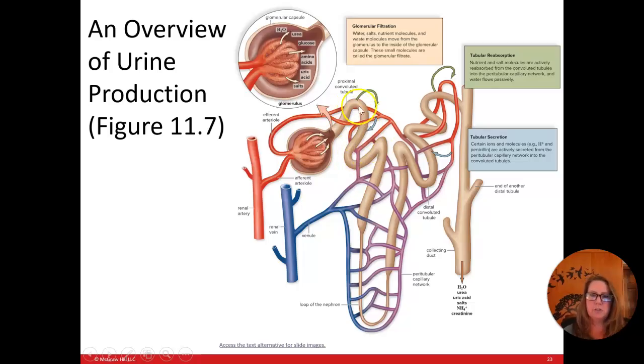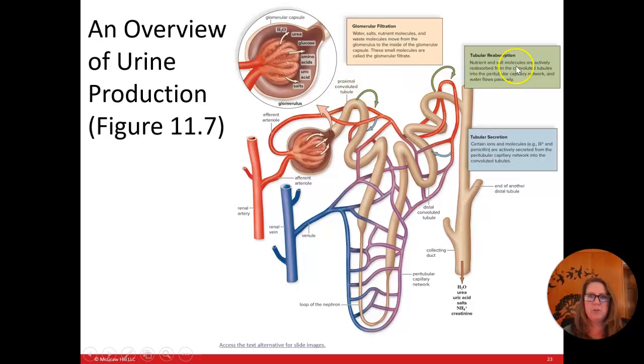So this is the tube that's proximal, or closest, to the glomerulus. Let's see what's going on here. In the green, we're going to see that as the materials are moving through this tube, we are going to have what we call tubular reabsorption.